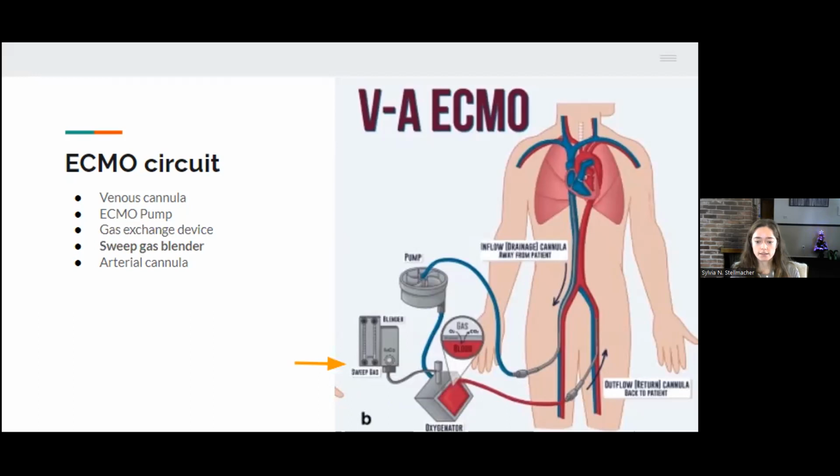This is the sweep gas blender here. This removes CO2. And this is the arterial cannula, which also contains a bubble detector as well as a flow probe to assess the amount of oxygenated blood that is being supplied to the body.